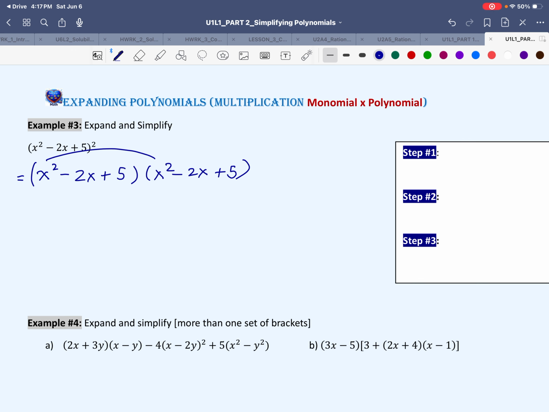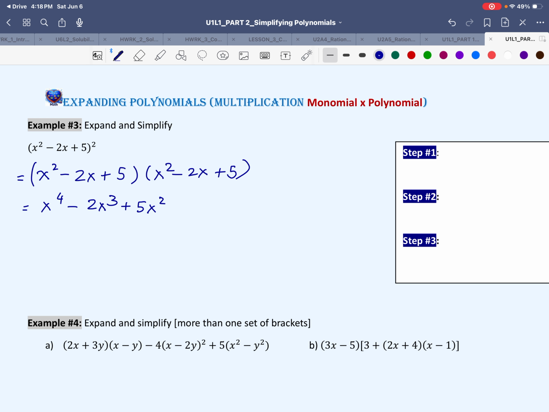So we have x squared times x squared, so it's the same strategy. We have x to the power 4, and then we have negative 2x to the power of 3. I'm going to remove these lines because they look a little bit awkward. x squared times 5 is 5x squared.